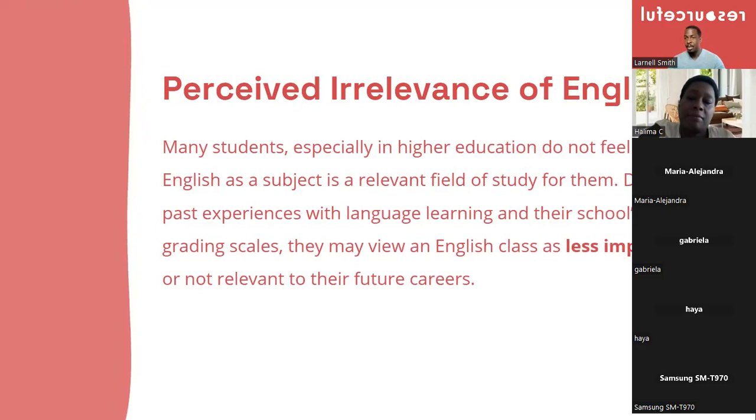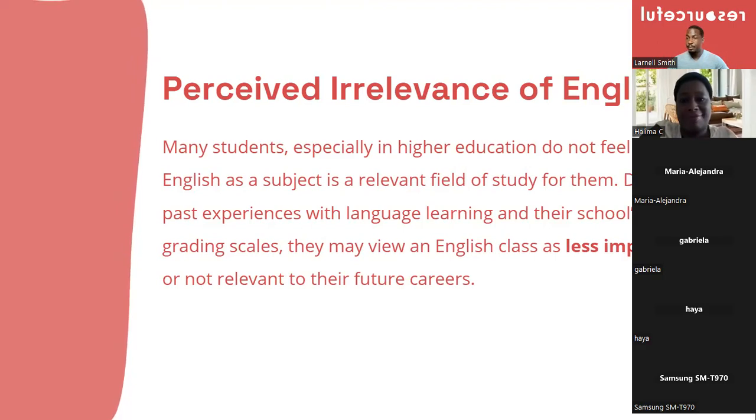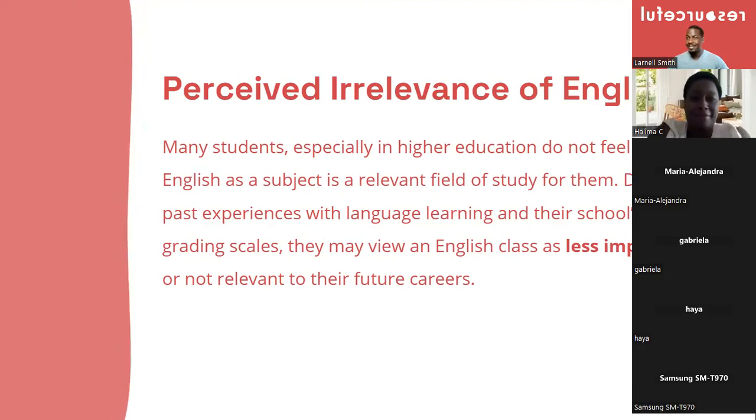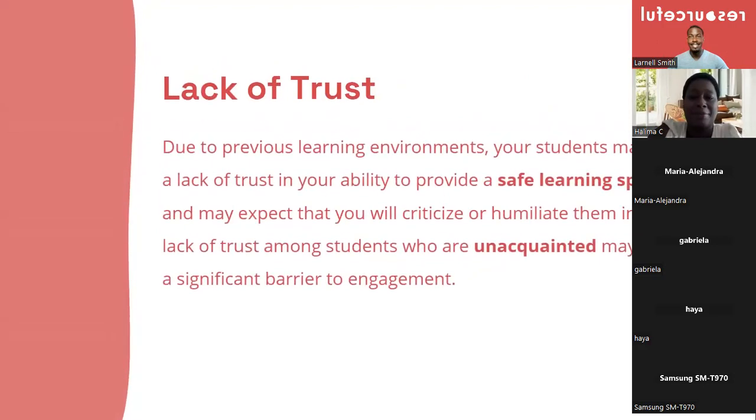It's not important for me because I need to worry more about these other subjects. Okay. So that is what is in the back of a lot of students' minds regarding English. You guys are following me up to there? Okay. Yes. Good. Definitely.